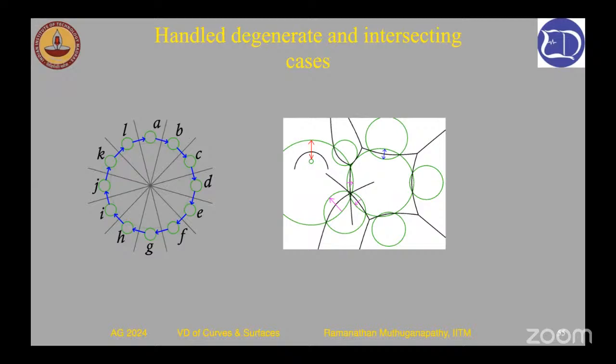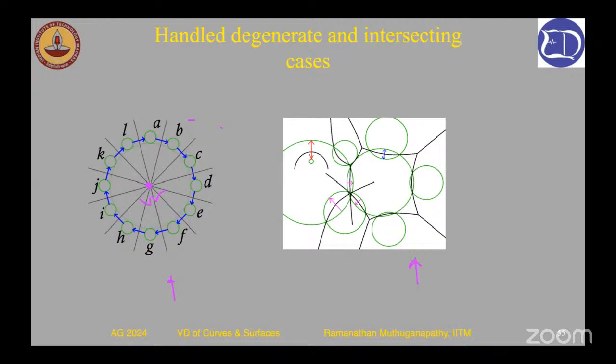So again, skipping too many details, with this approach we are able to handle the degenerate case where you can see that for one point, which is the Voronoi vertex, you'll have several circles around that particular point. That means this Voronoi vertex is equidistant to more than 3 circles. So we can handle degenerate cases.